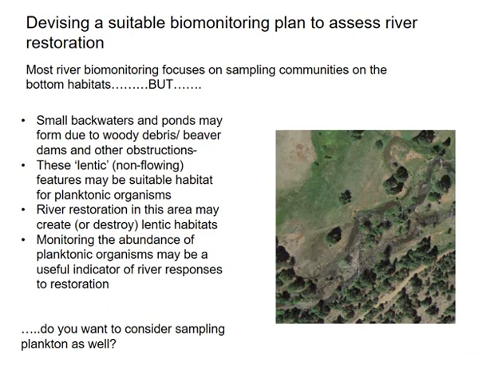So probably you're going to have some very calm, watery areas that might lead to the development of plankton floating in the water column. So the question is, is it worth sampling the phytoplankton? Because probably this is going to be quite a good indicator of the development of these lentic, non-flowing water areas. So this might be something worth considering.